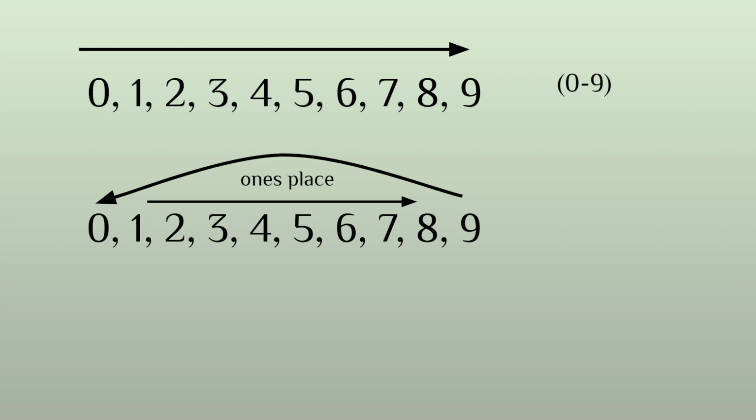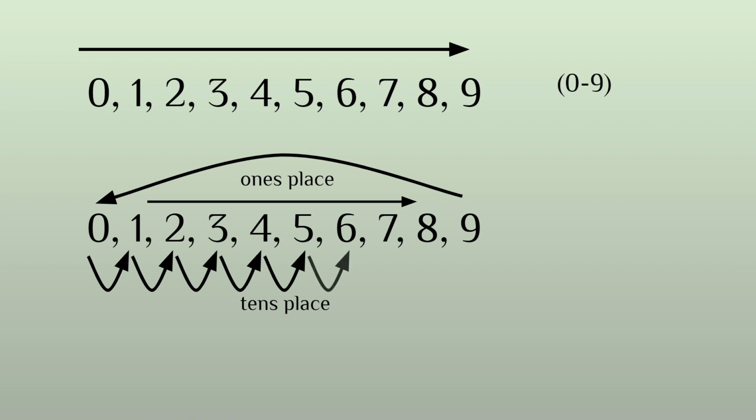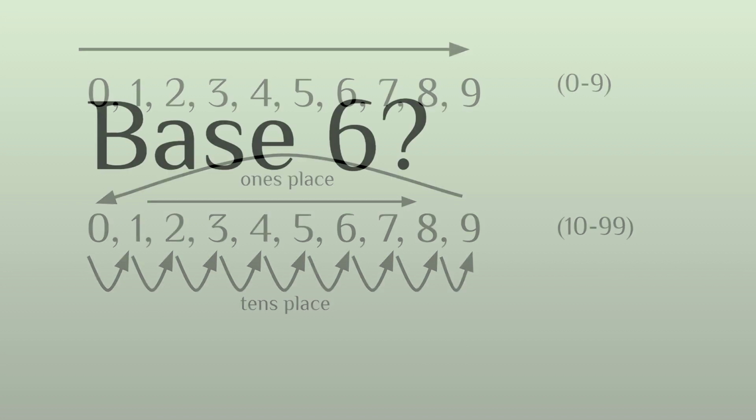Then the tens place would go up by a placement, on and on and on until we reach the number 99. This is what we should understand of base 10 for now. Soon, we will try and use this pattern to discover base 6.